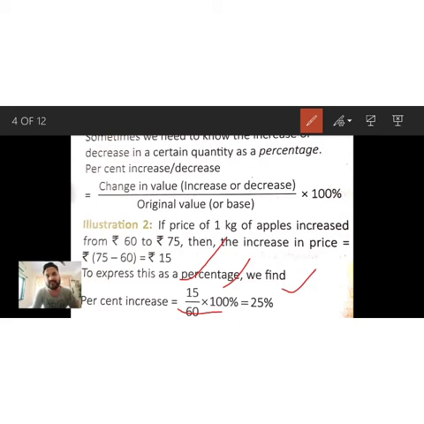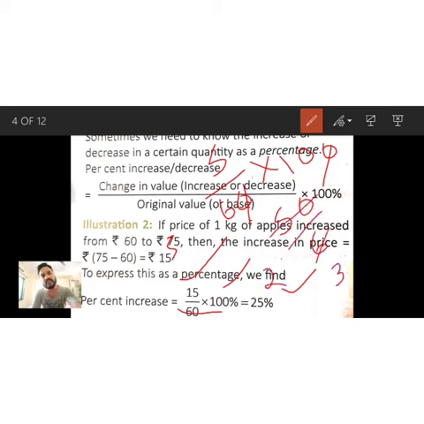Okay, in the same way, what do we have to do for the minus? Suppose instead of 75, here is 55. So there is a decrement in the rate of 1 kg apple. So how much change is there? 5 rupees change. So what do I do? 5 upon 60 multiplied by 100. 10 cut, 5 tens are 50, divided by 6, 3 and 25.